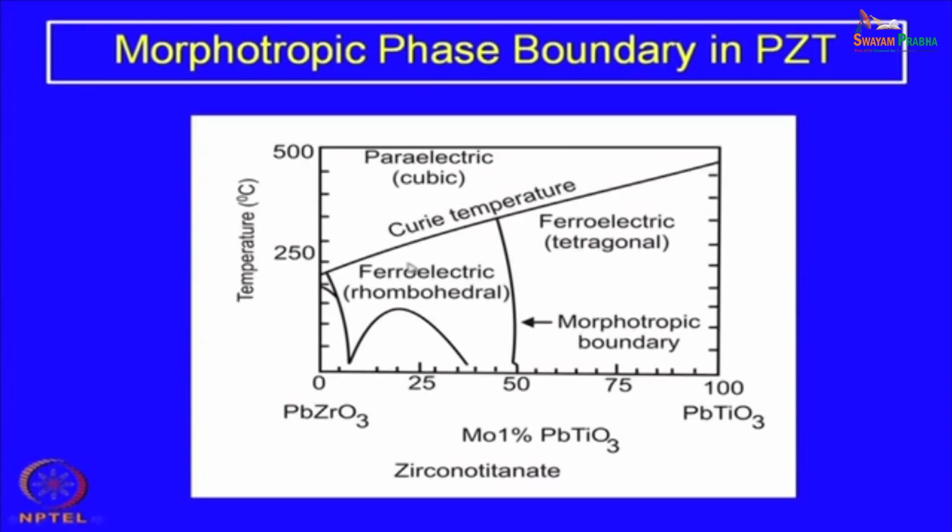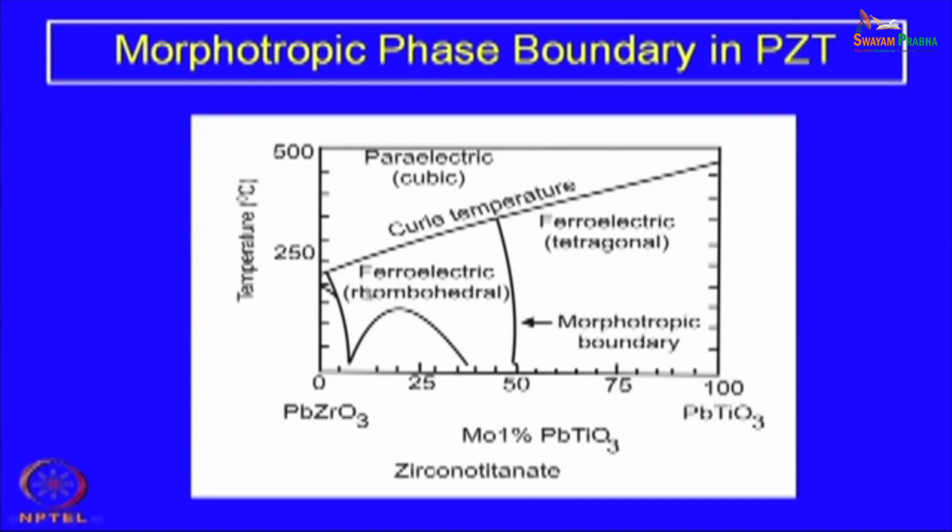Before that you have a rhombohedral phase and with a higher lead titanate content it goes to the tetragonal phase. So, that is the morphotropic phase boundary which is around 50 mole %, and the Curie temperature is lower from the lead zirconate and it increases as we increase the percentage of lead titanate.